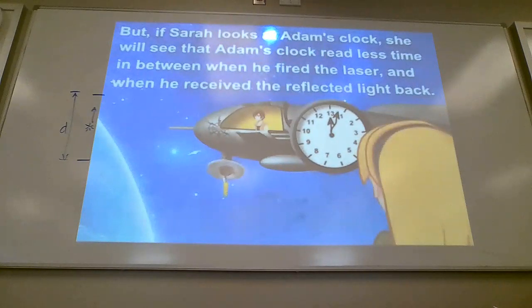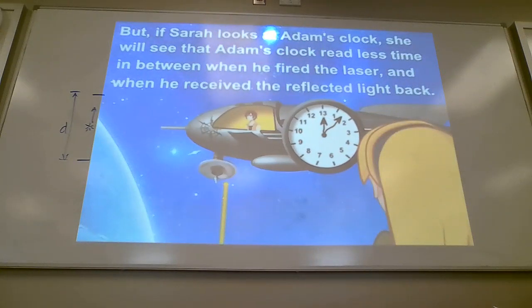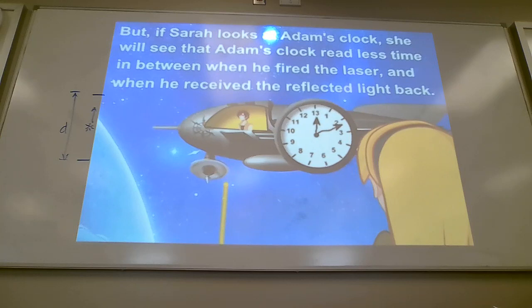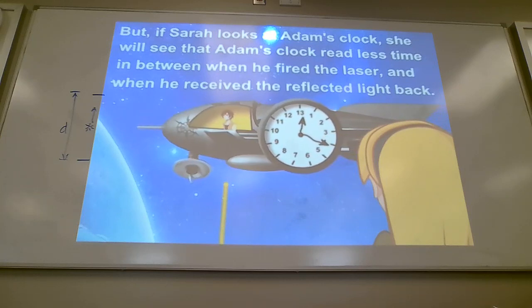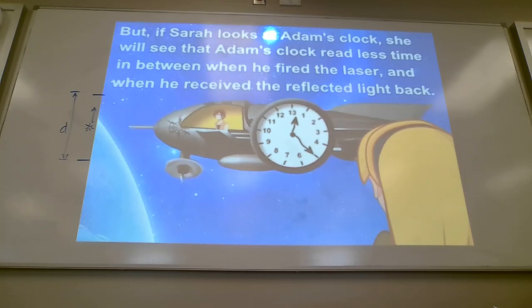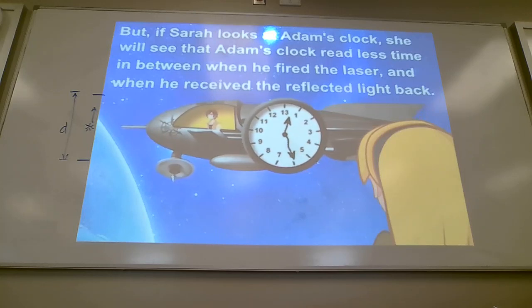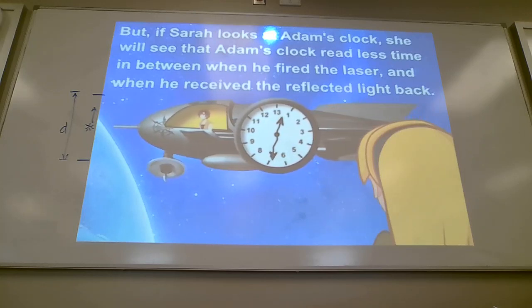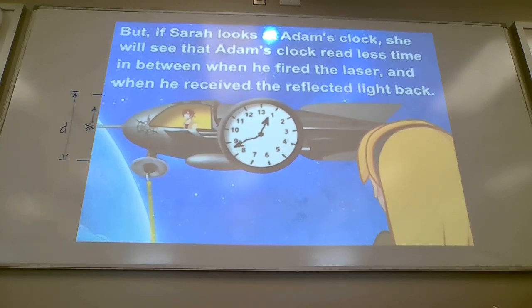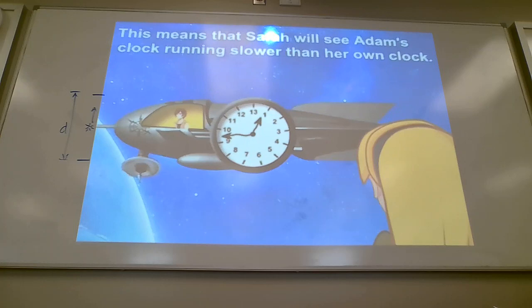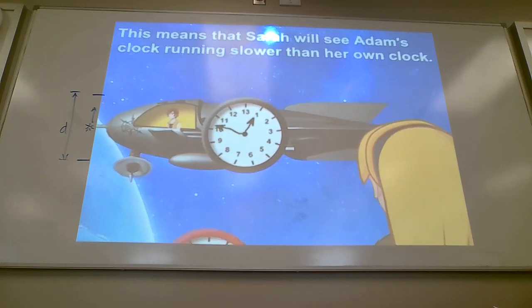But if Sarah looks at Adam's clock, she will see that his clock reads less time in between when he fired the laser and when he received the reflected light back. This means that Sarah will see Adam's clock running slower than her own clock.